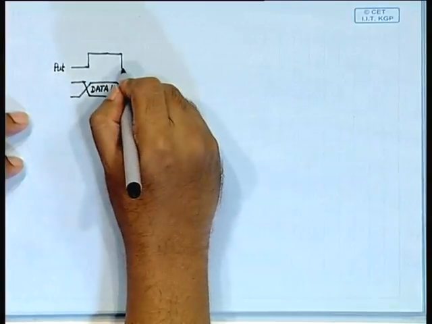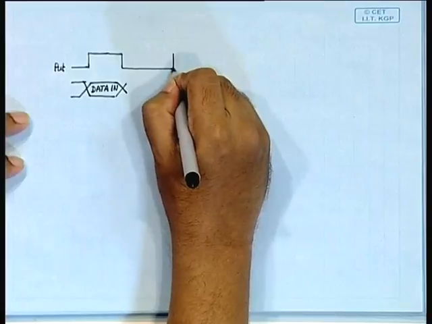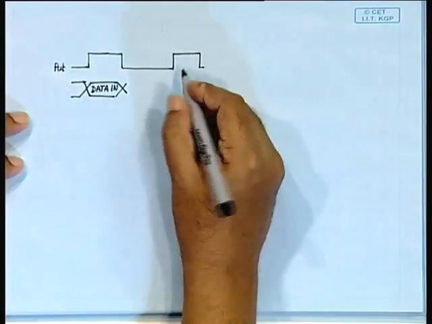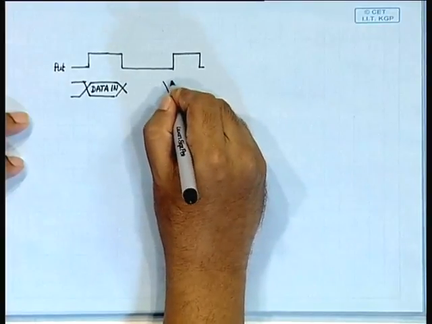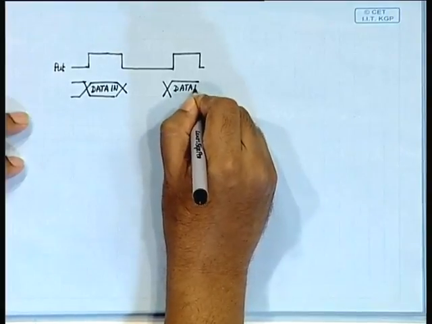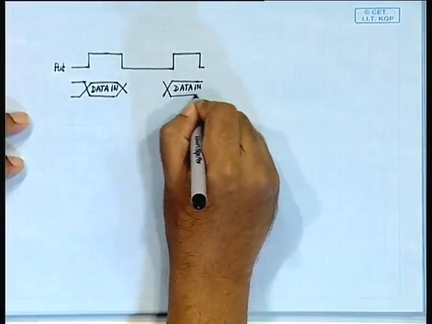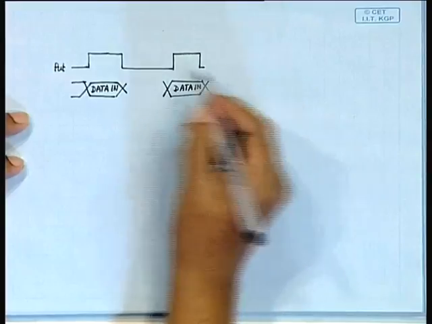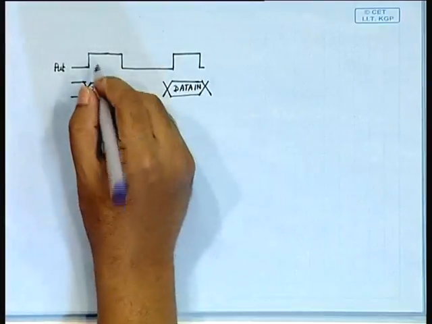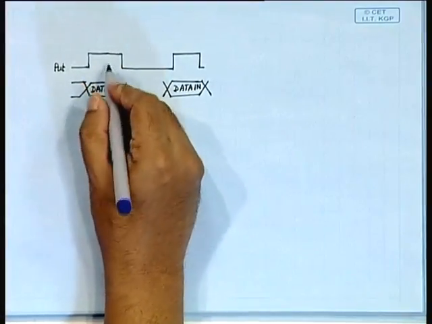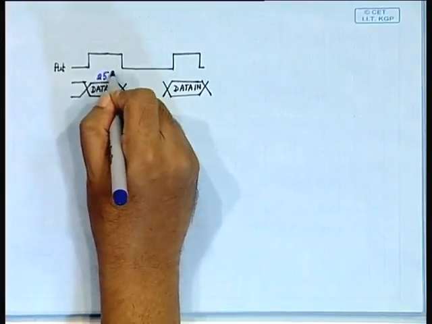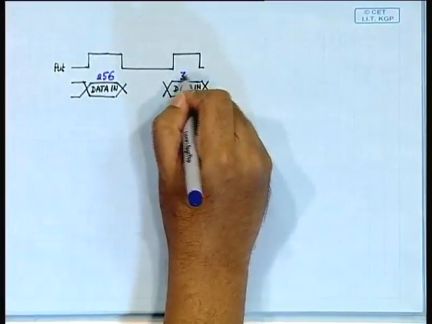Then this says that again somewhere in future if put again goes high, and at that time you have another data in, and let us say at this time the data in was 256, and here the data in was 35.